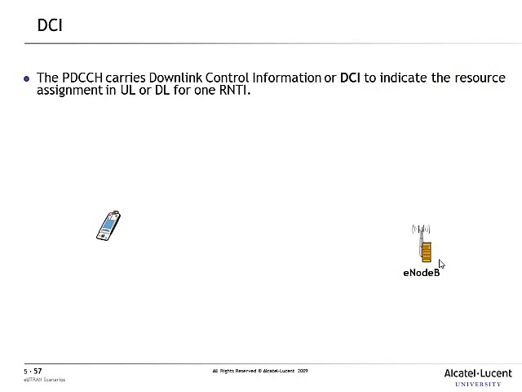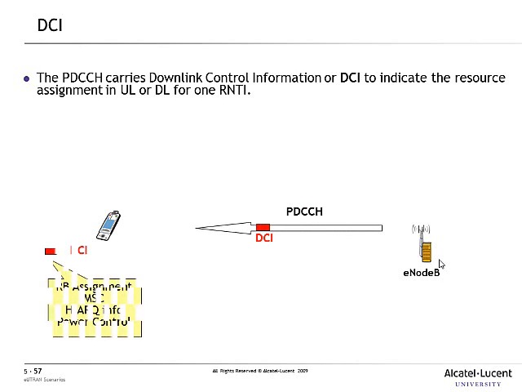Now, in the PDCCH, you also have something called downlink control information, or DCI, to indicate resource assignment in uplink or downlink. This could be for a number of different purposes.